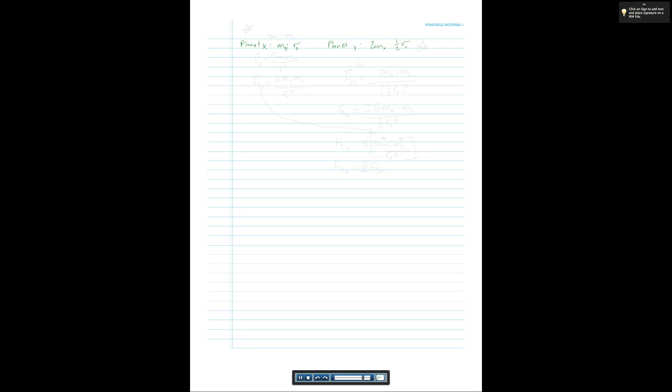Okay, so let's call this mx, rx. So planet Y has a mass that's twice as large, but it's half the radius, which means it's a lot more dense.